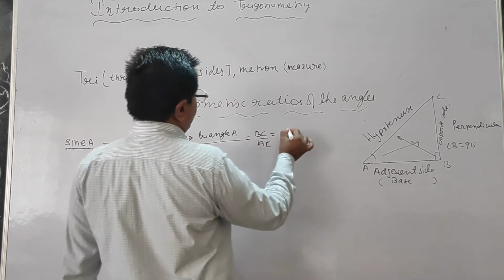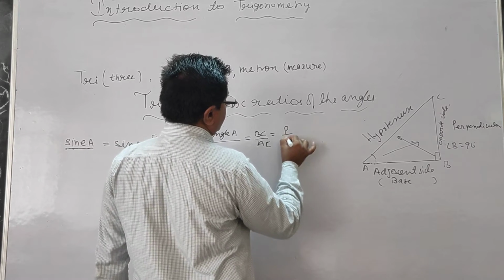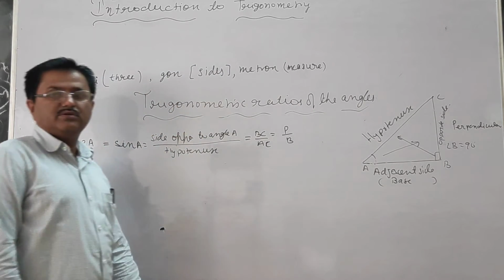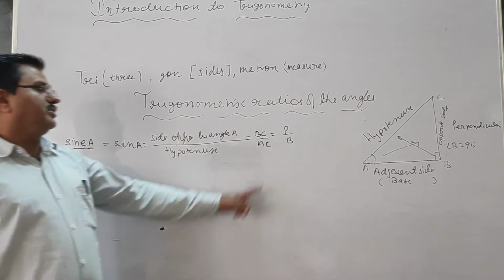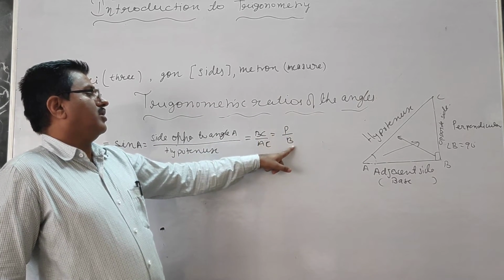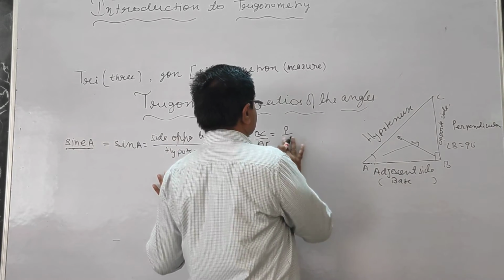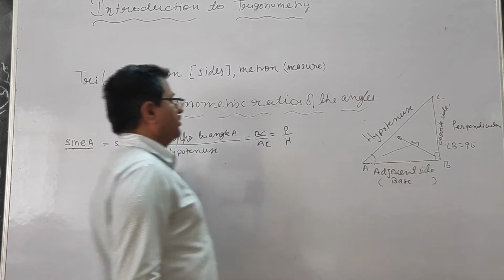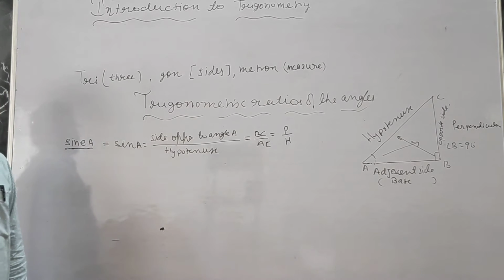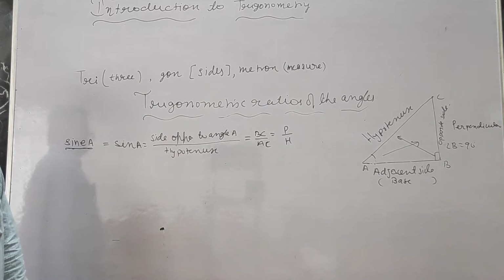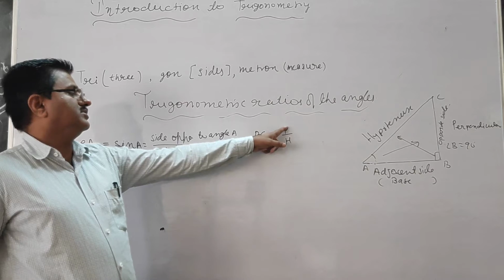So one may also write this as perpendicular upon hypotenuse, P upon H. AC is the hypotenuse and AB is the base.